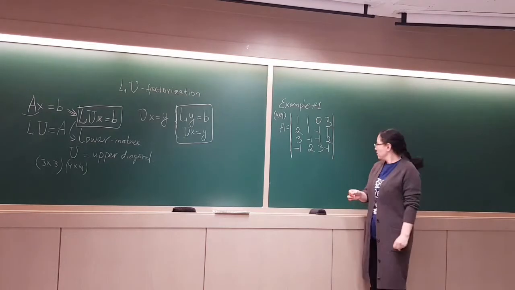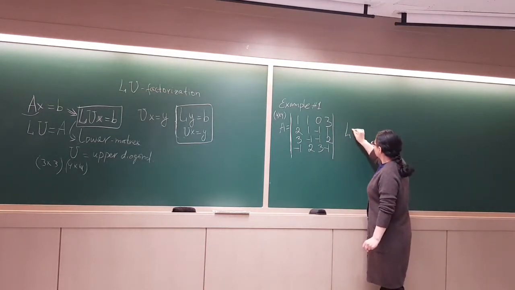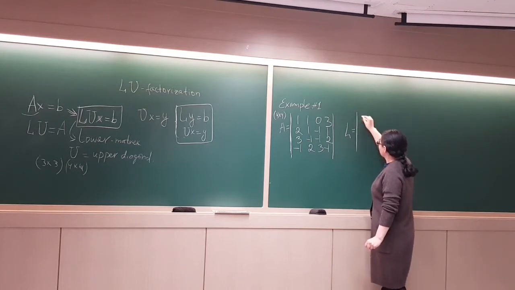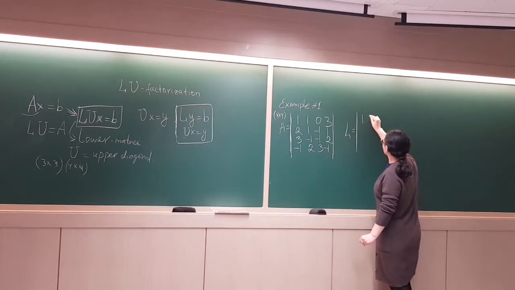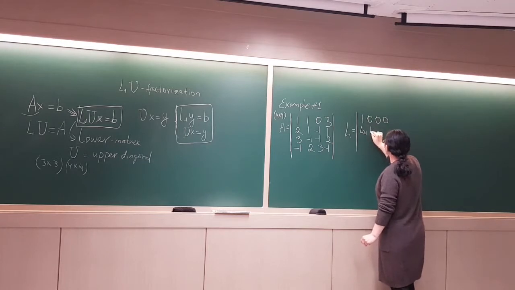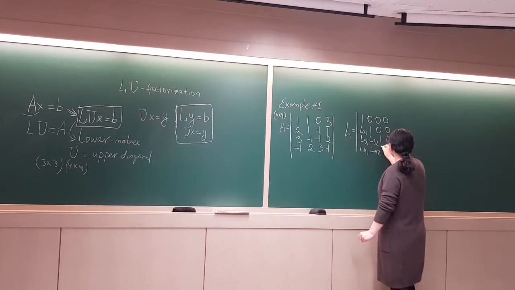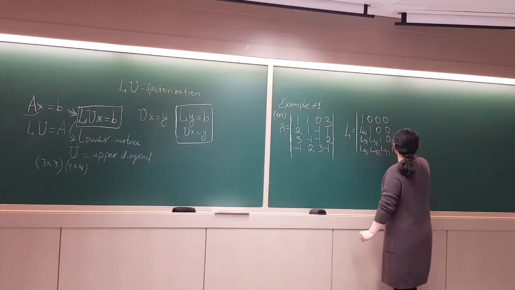Here, let's see, this L matrix has a diagonal of 1. You know the diagonal is 1. Then L21, 1; L31, L32, 1; L41, L42, L43, 1.